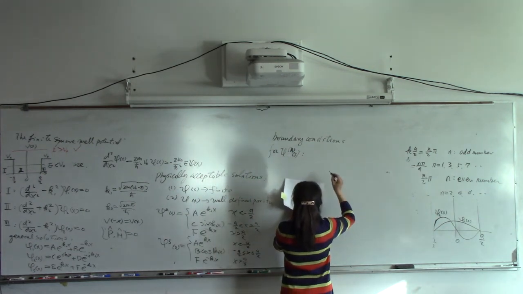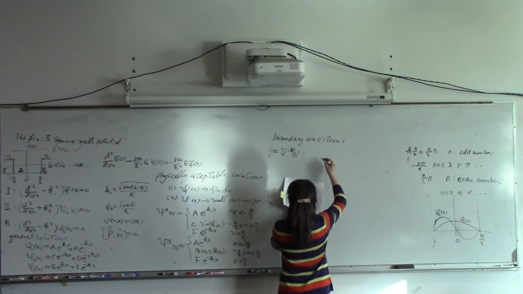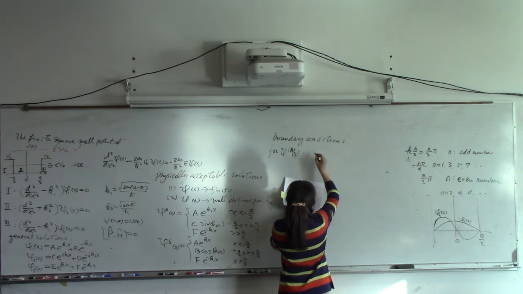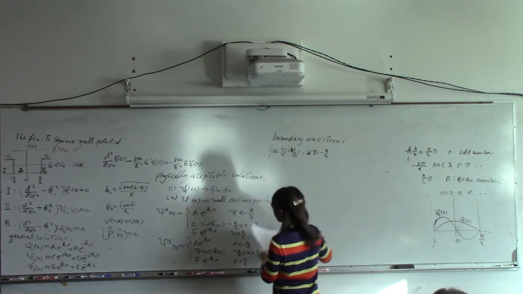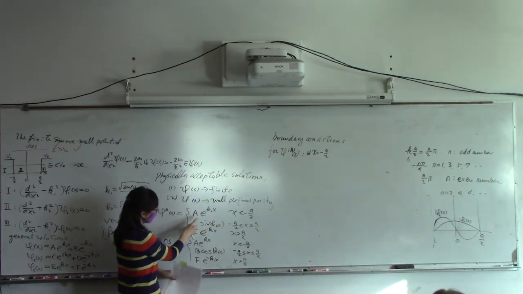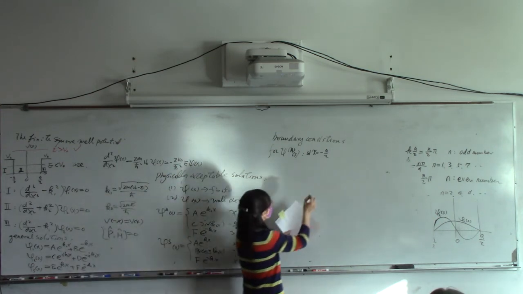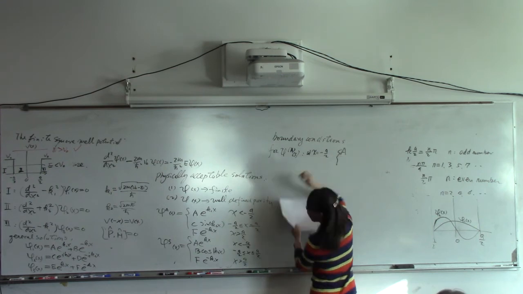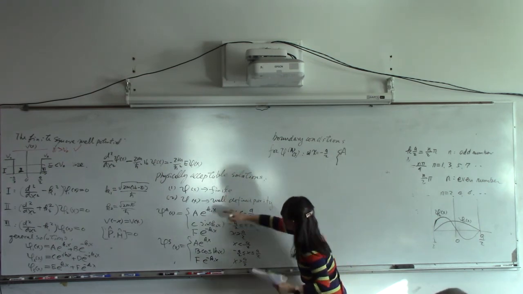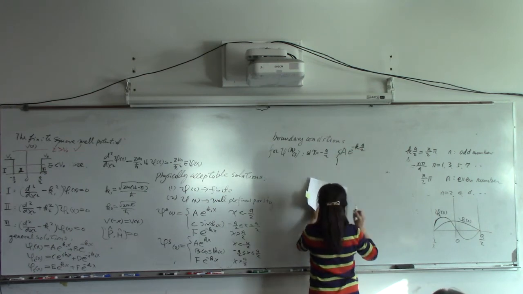Okay, we have x equal to minus half a. Let's consider this one. At x equal to half a, this one should equal to this one, right? So that means we will have A here. A at x half a is exponent minus k1 and half a, right?